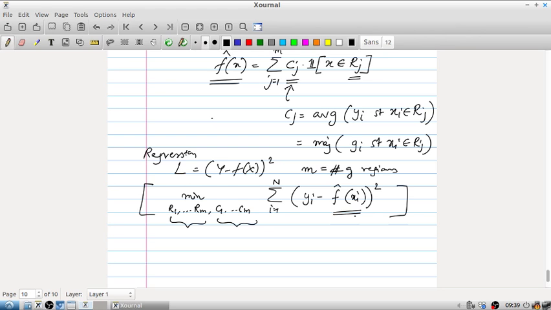In order to fix this issue, we restrict ourselves, firstly, to rectangular regions, or in higher dimensions, hypercubes. And the second thing is we try to build the partition greedily.